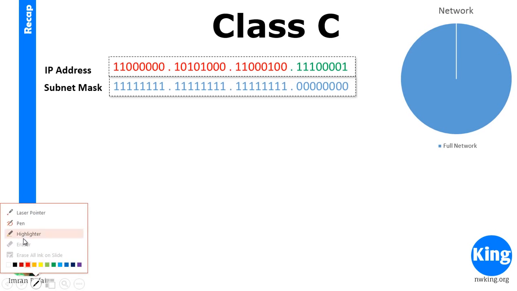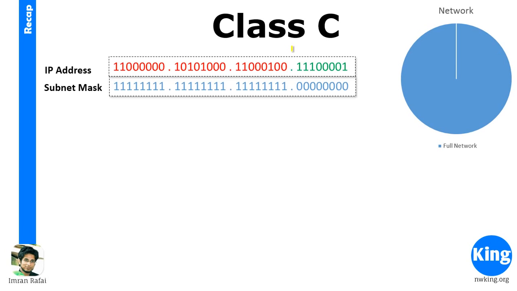Knowing what we know from our previous video, we know that the separation of network and host happens here, and this is nothing but /24, right? Because there are 24 ones. According to the formula, 2 to the power host, the number of host bits is 8 because we have 8 zeros, minus 2. So this Class C network has 254 valid hosts.